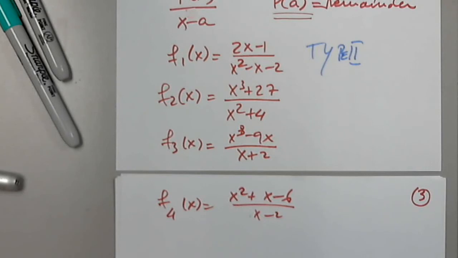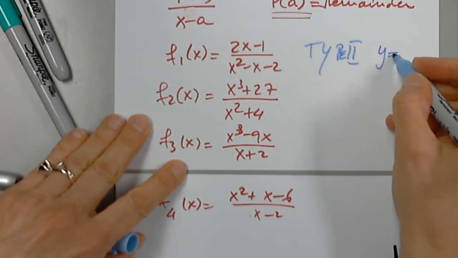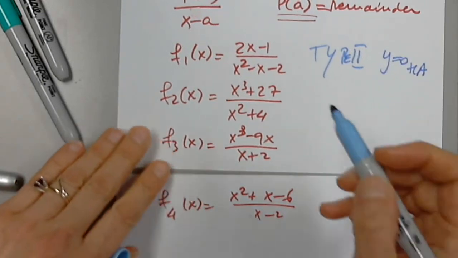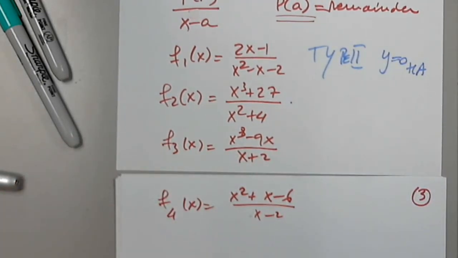The degree of the denominator is greater than the degree of the numerator. Then I know immediately it's going to be a horizontal asymptote. Which one exactly? Always y equals 0, horizontal asymptote. Good.